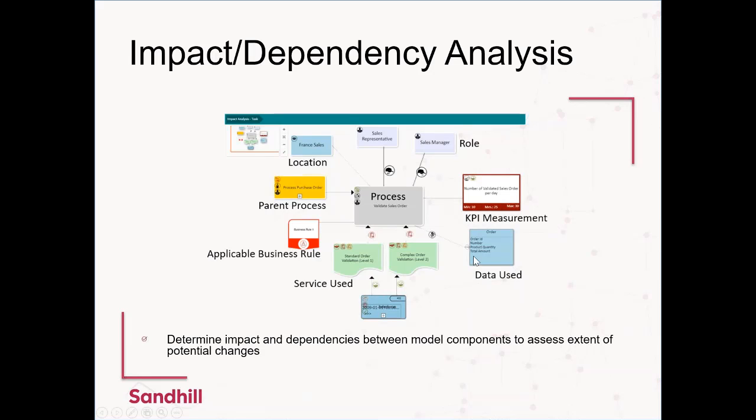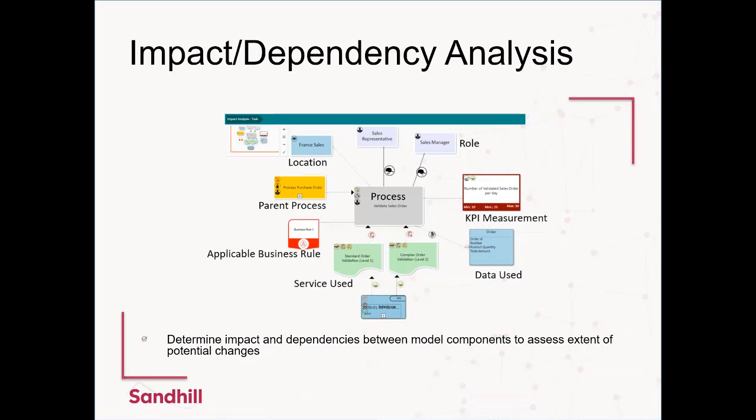If we're about to change a piece of data, how does that impact the processes, the services and the applications that we've got? If we're about to change the location of the performance of the processes, what's that going to impact? Again, we can understand that by tracing through the impact and dependency analysis between the various enterprise architectural components that we have modeled.